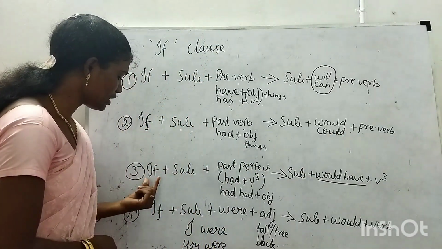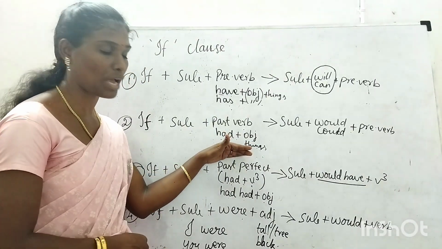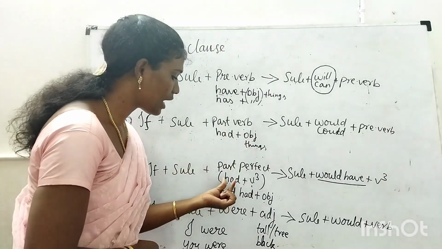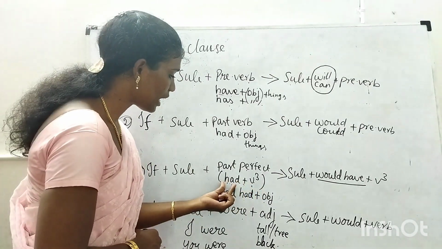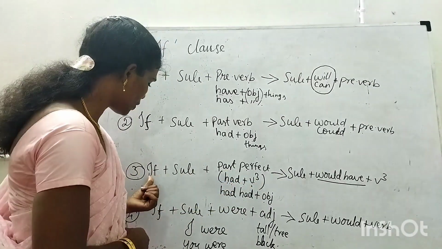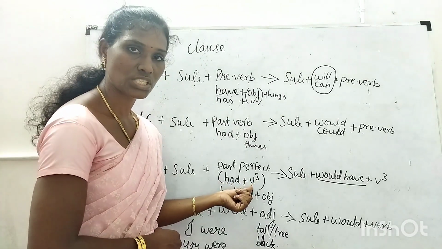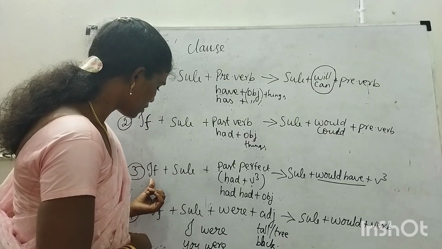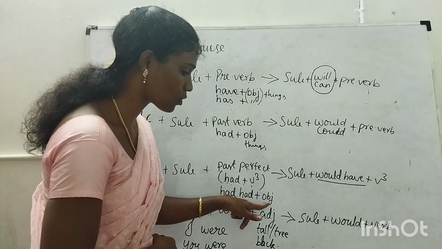Type 3, if you see: if plus subject plus past perfect tense. Past perfect tense means had plus verb third, the past participle. If plus subject plus had plus past participle verb, or if plus subject plus had plus object.